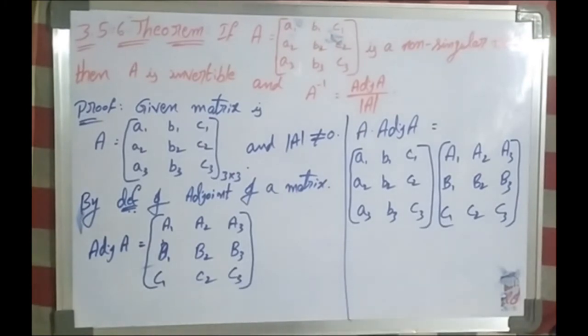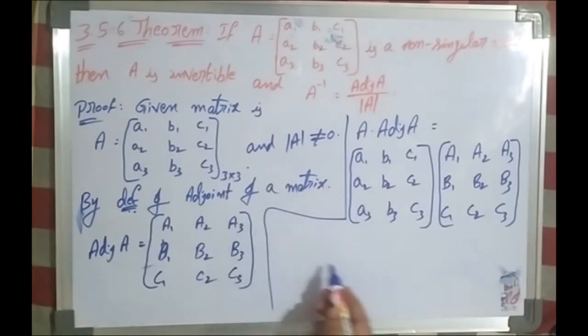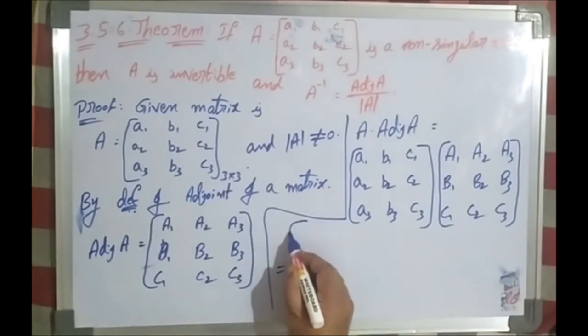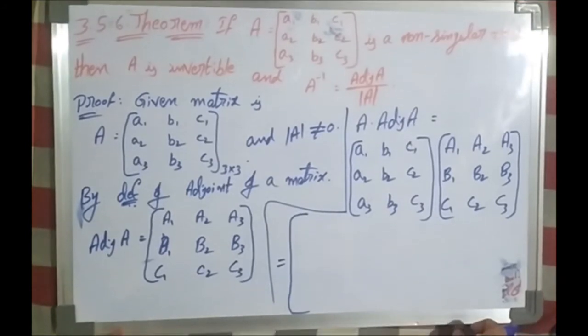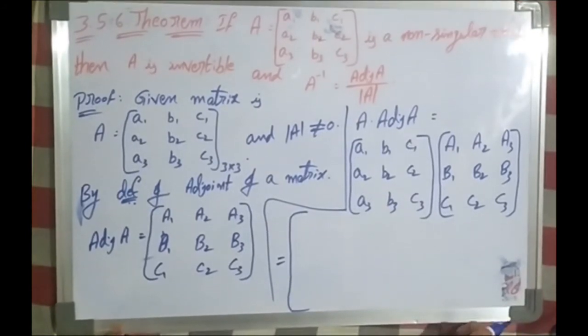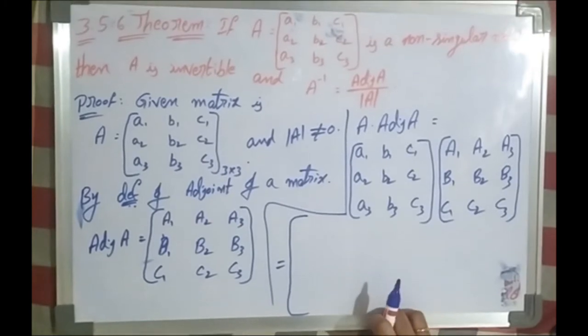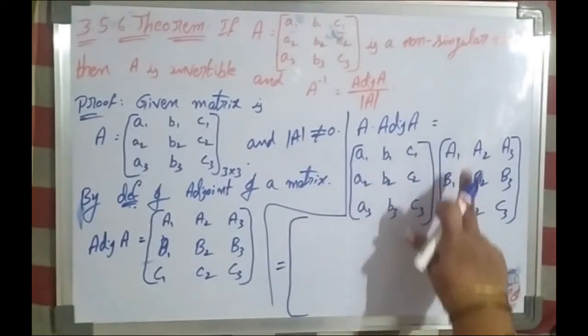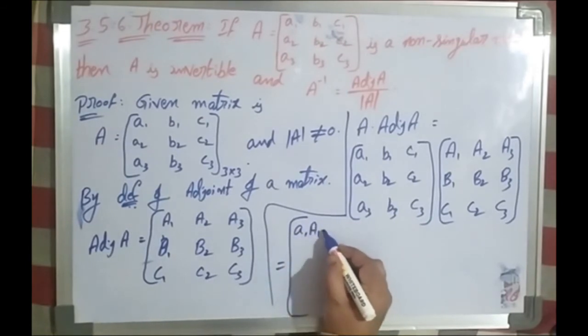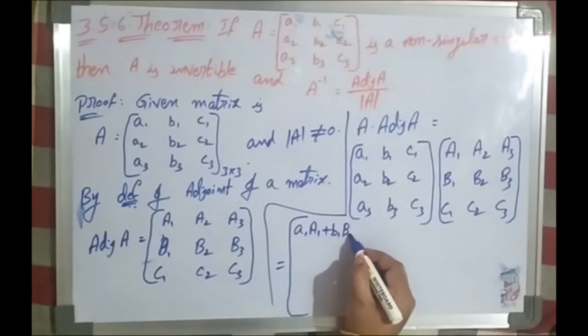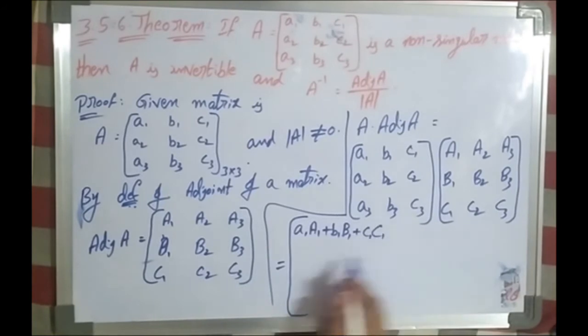Then that is equal to: first row with first column, a1 A1 plus b1 B1 plus c1 C1.